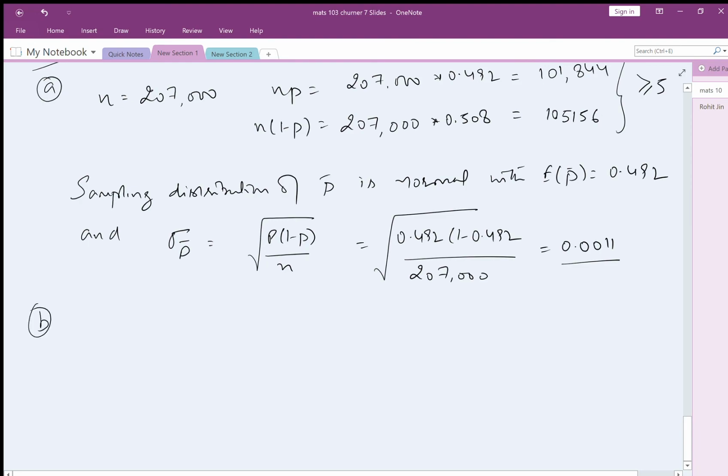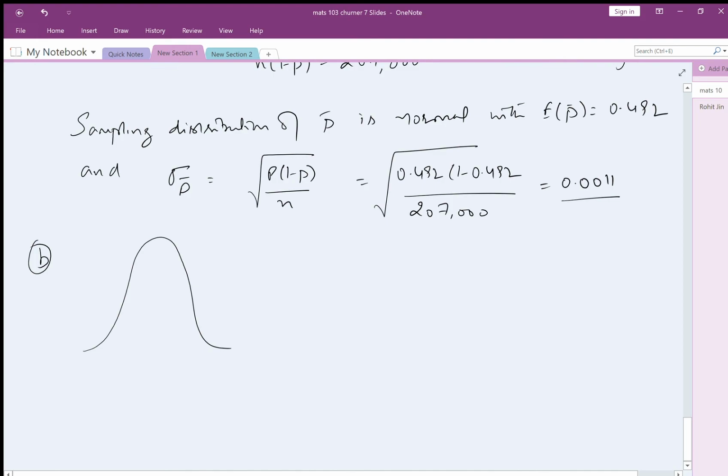What is the probability that the sample proportion in part A will be within plus or minus 0.002? So if this is 0.492, then within 0.002 means this will be 0.494, and then this will be 0.490. So we are looking at this area. As we have done before, this is p bar. Let's find the z-score for 0.494.